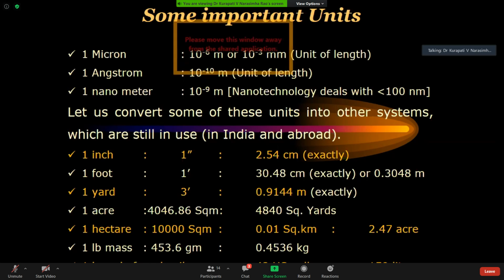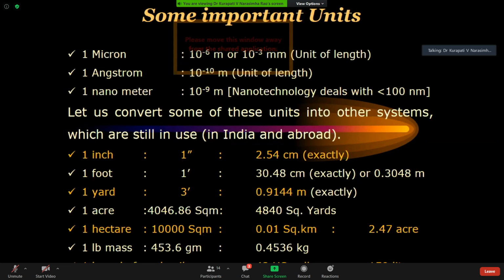Okay. Now, 1 nanometer is 10 to the power of minus 9 meters. Nanotechnology deals with less than 100 nanometers. That is 100 into 10 to the power of minus 9, which gives you 10 to the power of minus 7. As I told you, 1 crore is 10 to the power of 7.